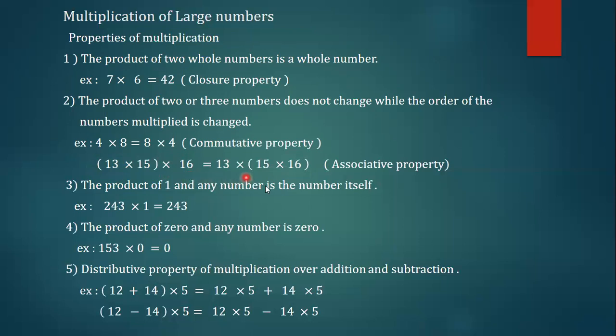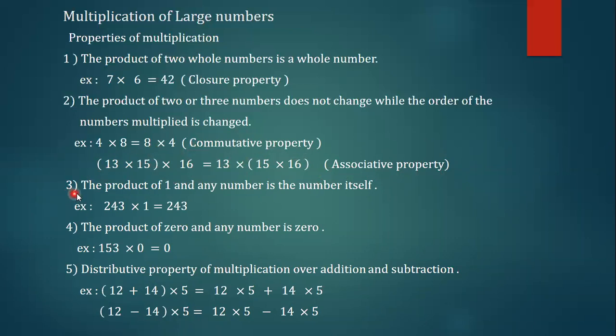On the right hand side I'm multiplying 15 into 16 first. Always see the bracket, you will multiply that first. So 15 into 16 I'll multiply, then I will multiply 13. When you change the grouping and multiply, the product remains the same. That is called associative. So commutative property is for two numbers, associative property for three numbers.